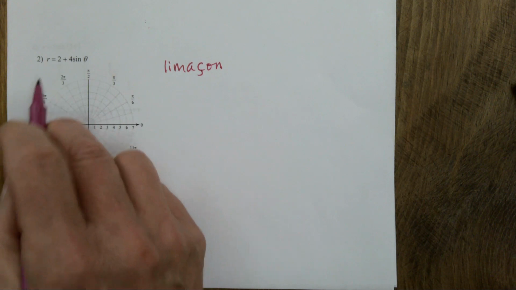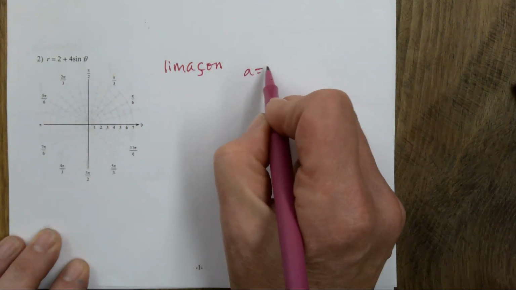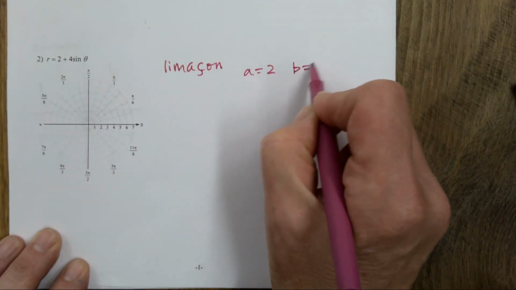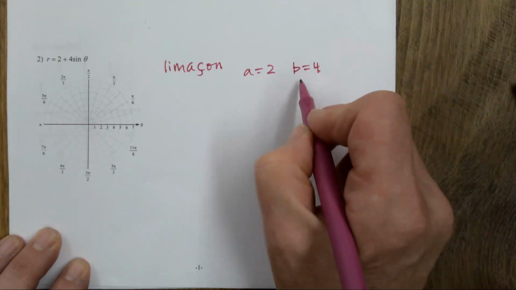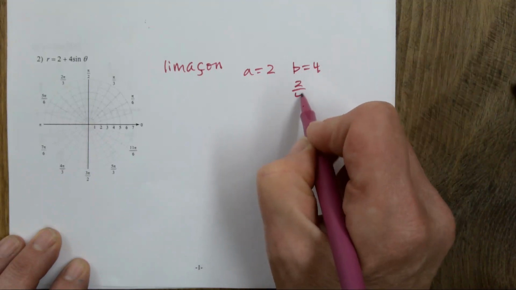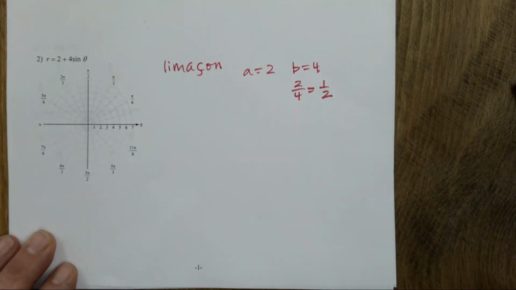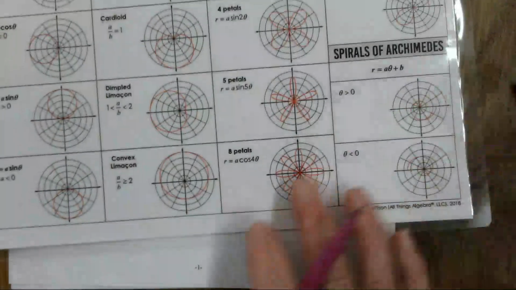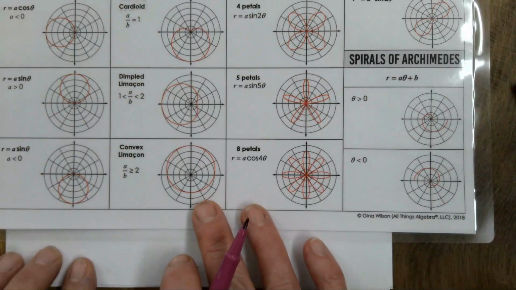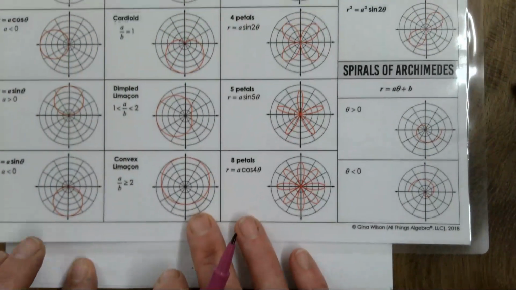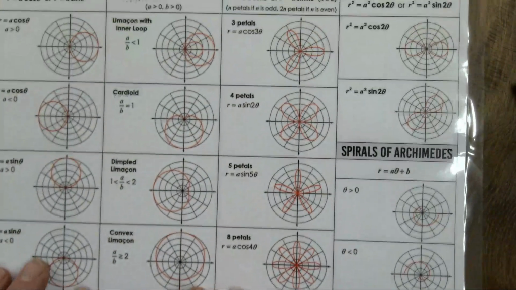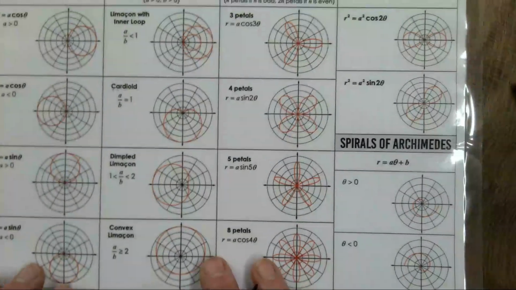Except my A is 2 and my B is 4, and when I put A over B, I get a fraction, 1/2. According to this, which one do I have?